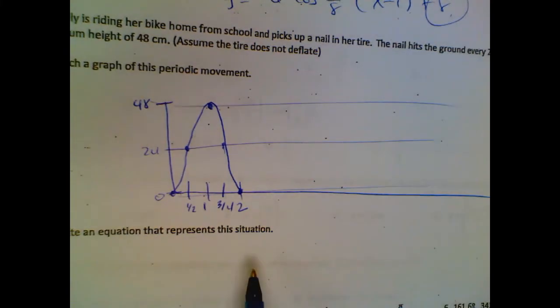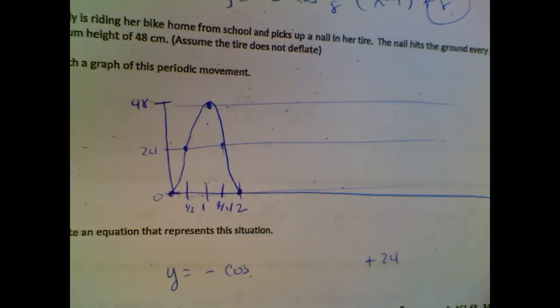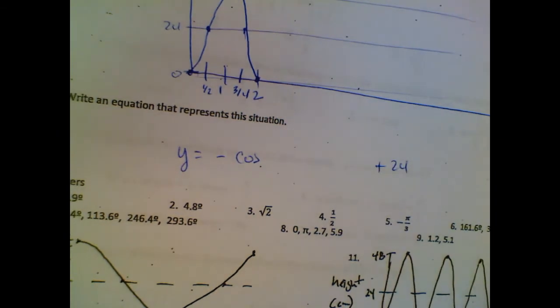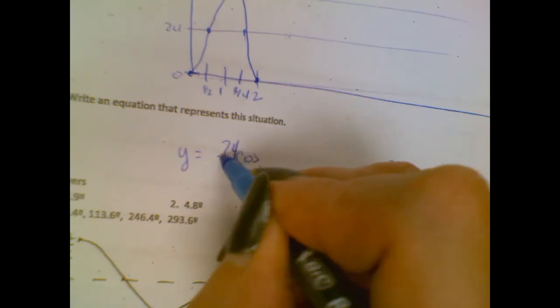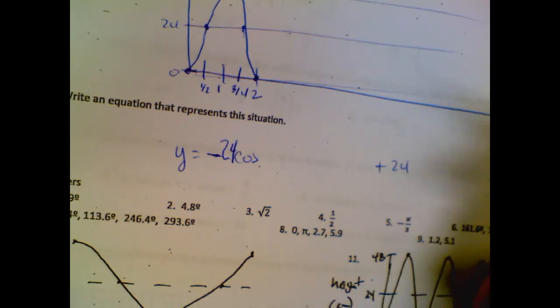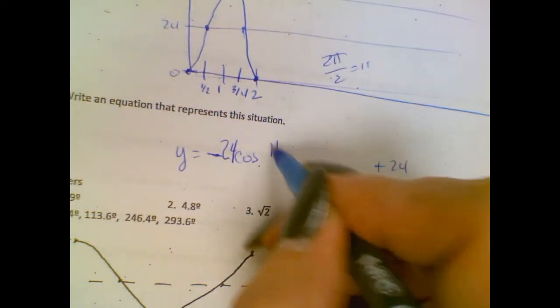Write an equation that represents this situation. Well, this to me is an inverted cosine with a midline of 24 and an amplitude of 24. So this to me is a negative 24 out front. The period is 2 seconds, so we take 2 pi over 2, which is pi, and that goes here.